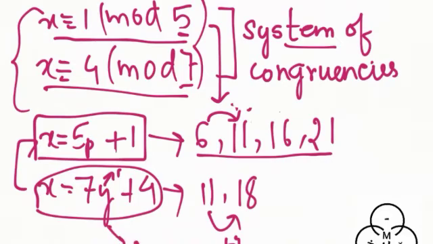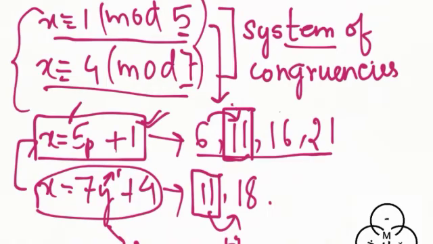So if you have to find the set of solutions of such an equation, just add the divisor, and you will get this set of solutions. I am writing only up to here because I have got a common solution for both of the equations, that is 11. Perfect. If you find the first common solution, then you are done. I have found the first common solution, which is 11, so I don't need to go further.